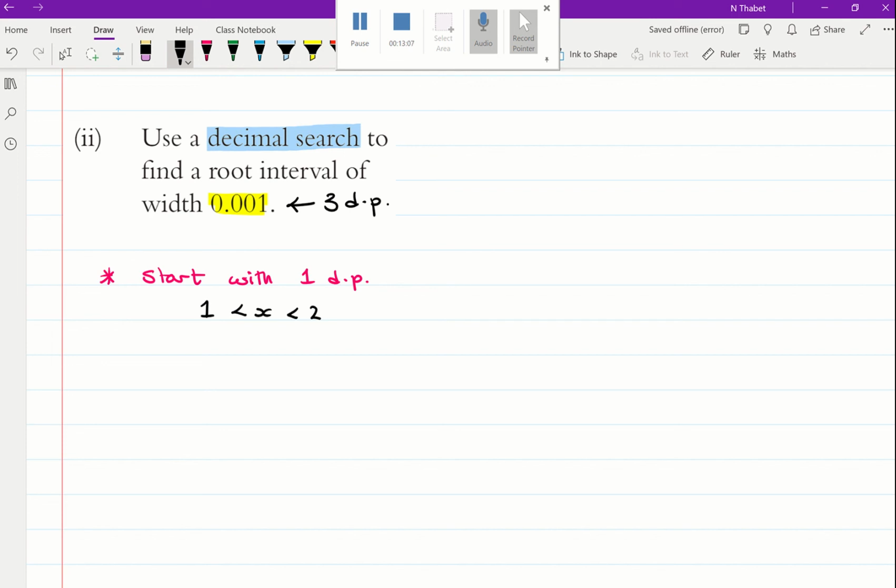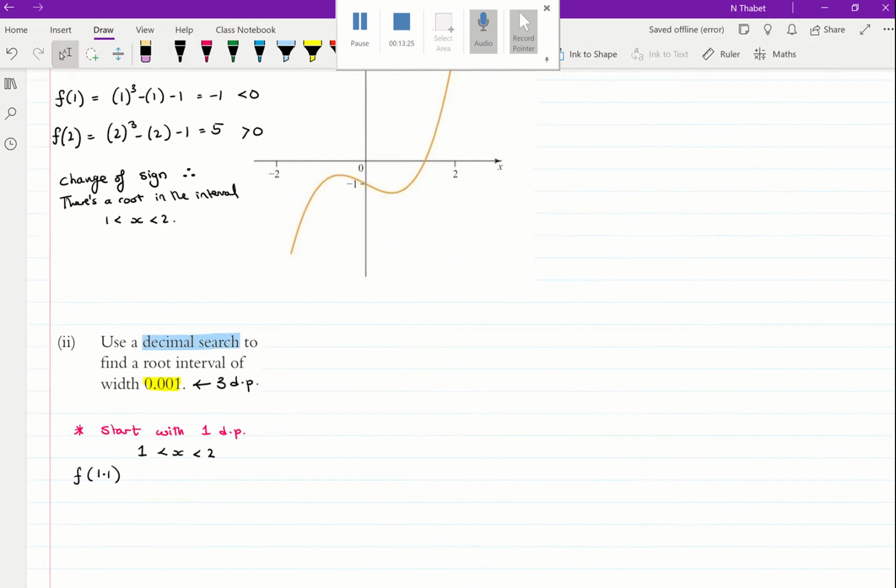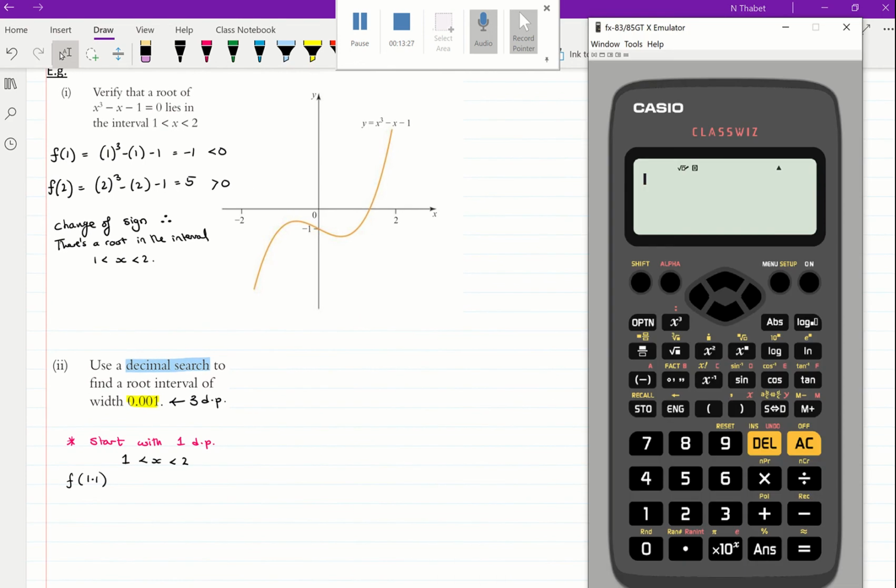So looking for the decimal intervals, I'm going to start by substituting 1.1. That's the first decimal number bigger than 1. So I substitute that in. Remember, you should be using your calculator. Here's my equation.